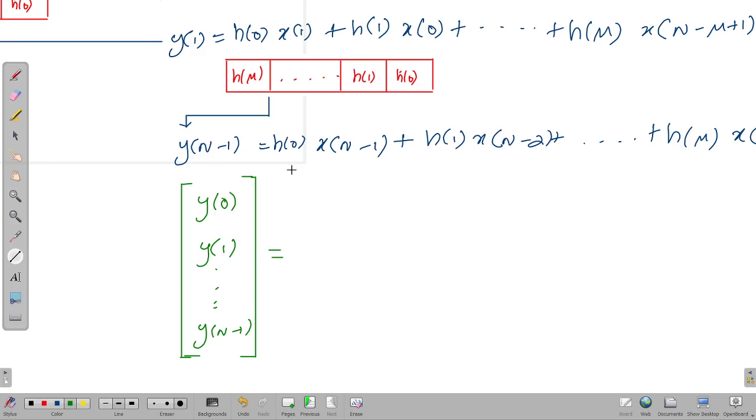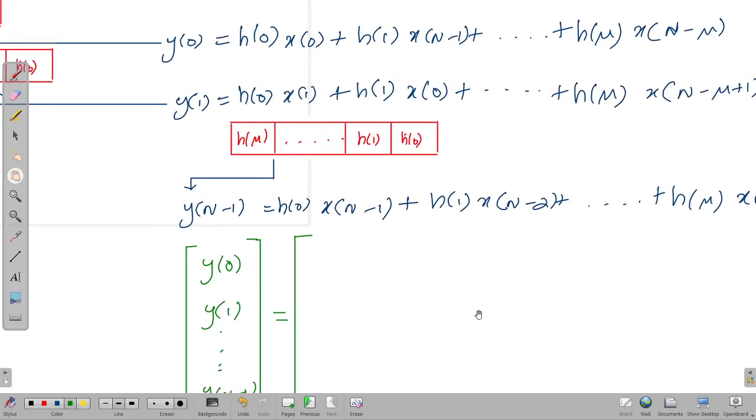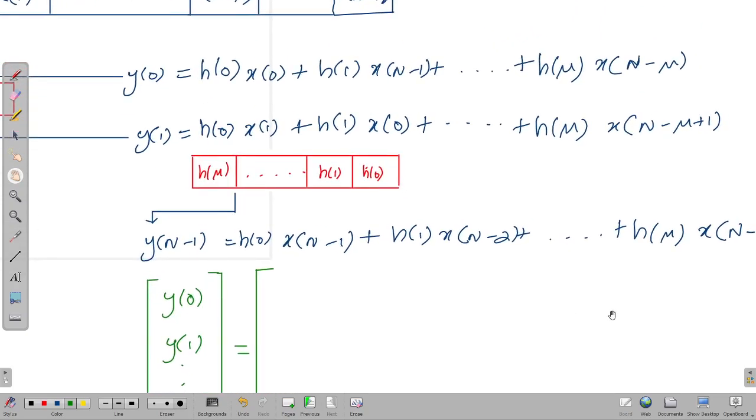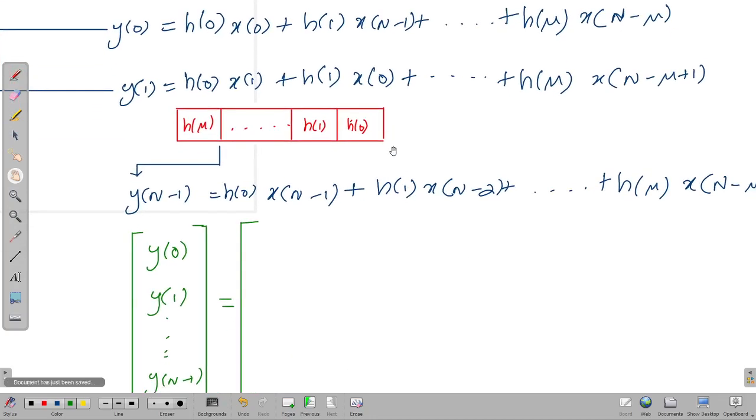This is equal to, I can write, so this matrix is getting multiplied with the channel coefficients h0, h1 up to h of mu.